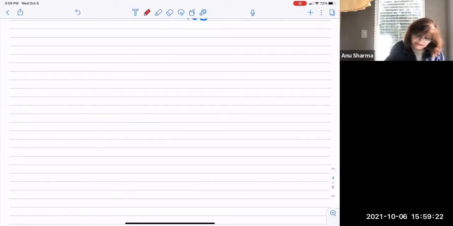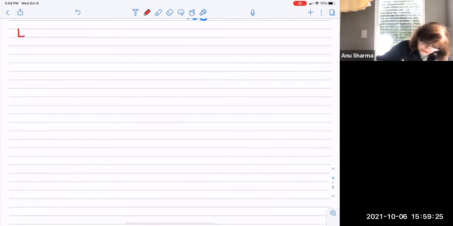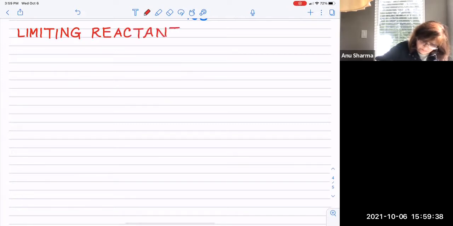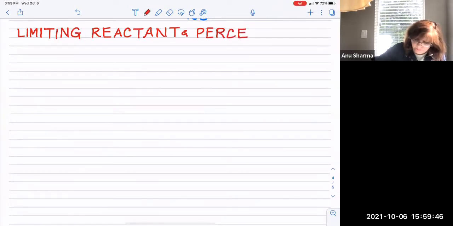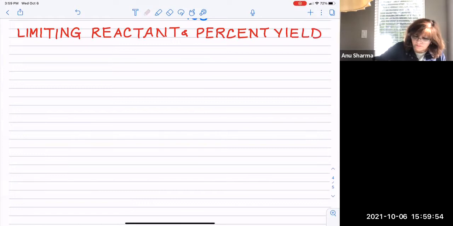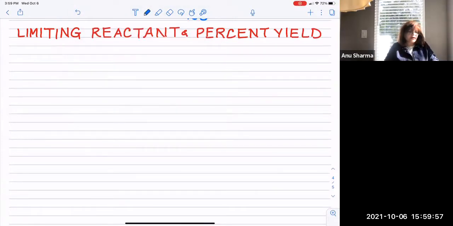Okay, the limiting reactants and percentage yield. Calculating the moles of the product from the limiting reactant.